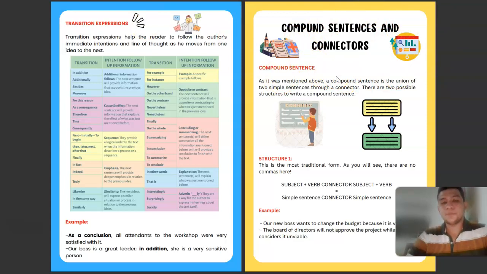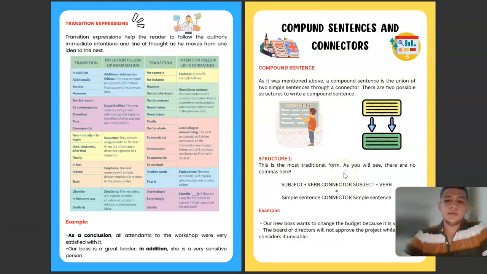As it was mentioned above, a compound sentence is the union of two simple sentences through a connector. There are two possible structures to write a compound sentence. The first structure is the most traditional form.